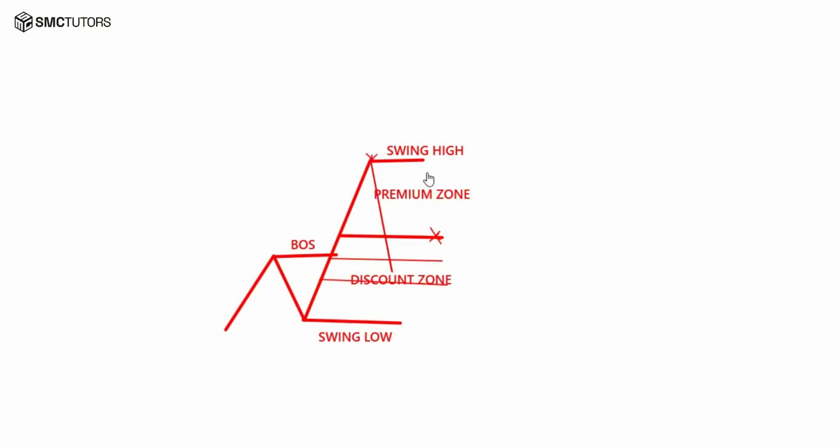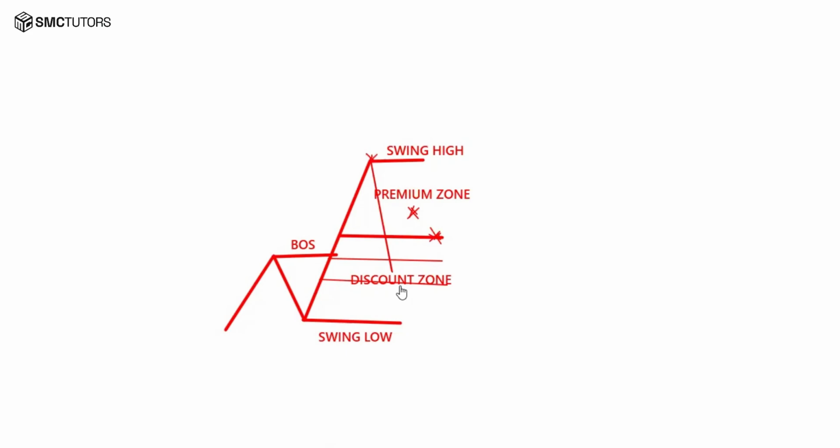So with the modification of premium and discount on the Fibonacci, we are going to be taking out some of the Fibonacci numbers like the 23.6 and the 38.2 levels, which are above 50%. So we want all the percentages that are below 50% to be utilized on the Fibonacci when we are looking at premium and discount using the Fibonacci tool also.